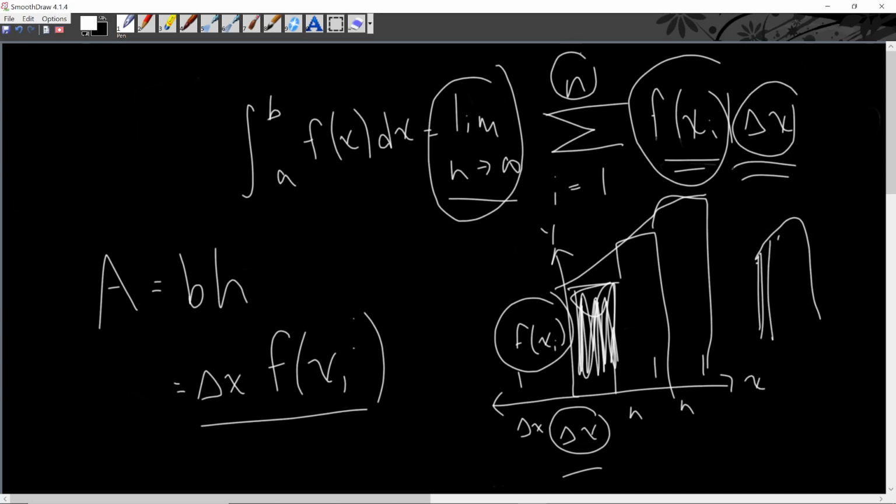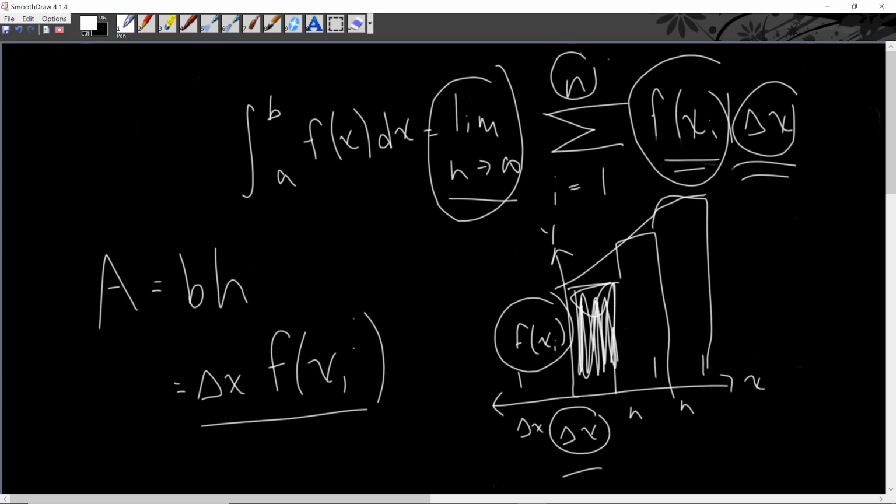Each of these changes in x, change in x, change in x, there's a bunch of these. These are so small that when we calculate f of x_i times change in x, we're actually just calculating the area of an impossibly thin rectangle.